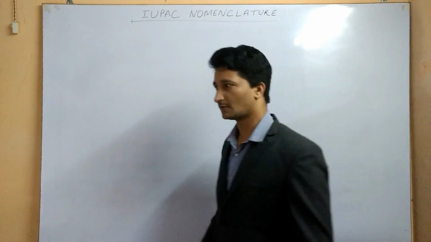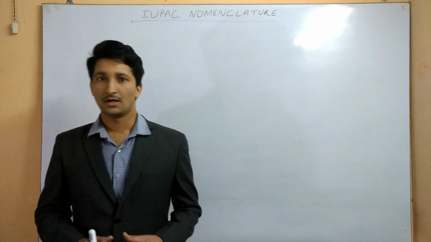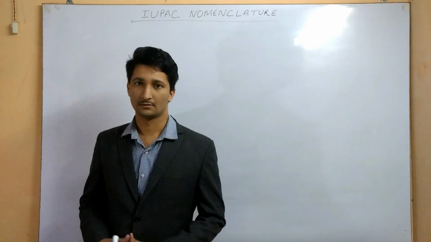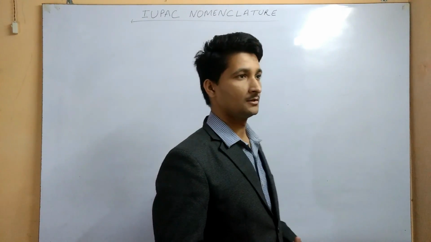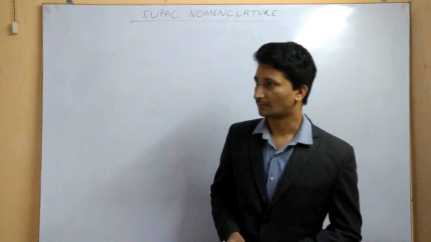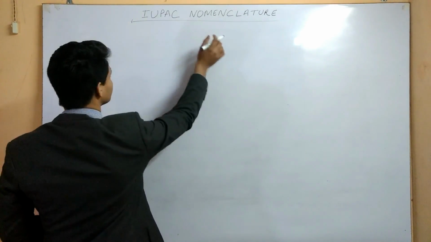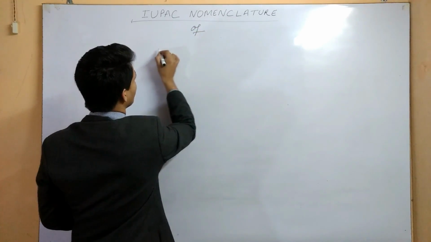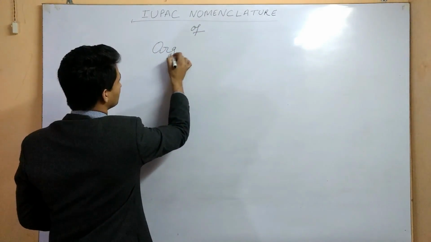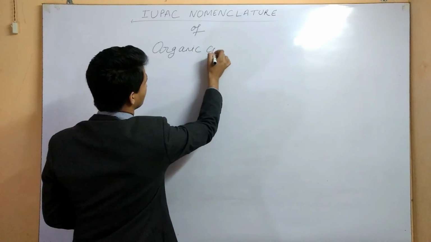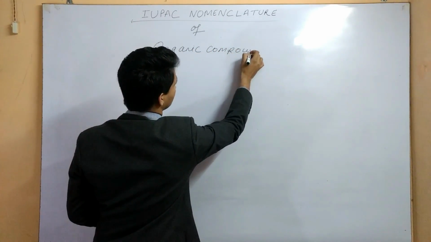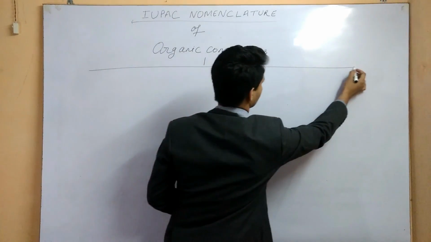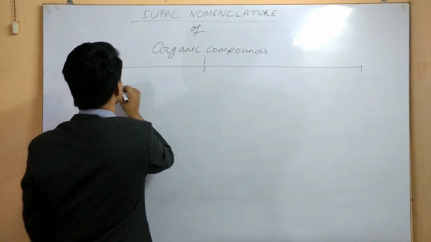Okay. So first of all, let us see how an IUPAC nomenclature of organic compound is made and what are the parts present in it. In the IUPAC nomenclature of organic compounds, there are three parts.